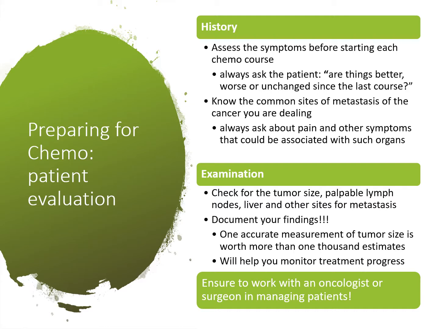So you can ask questions regarding, are you having cough, to rule out chest metastasis, any bone pain, that kind of thing. And of course, you have to examine the patient each time, and that examination would include something like checking the size of the tumor, checking for lymph nodes to know if there's any metastasis, and you have to remember to document your findings clearly.